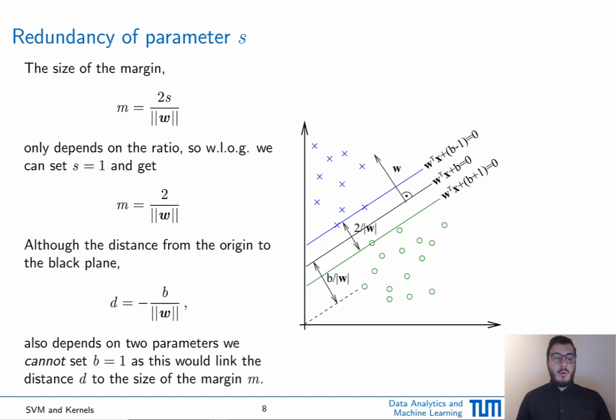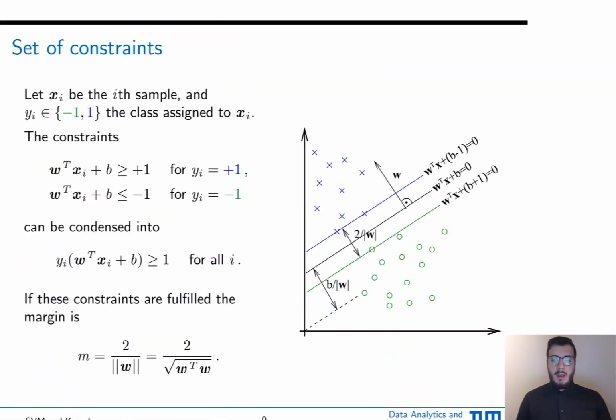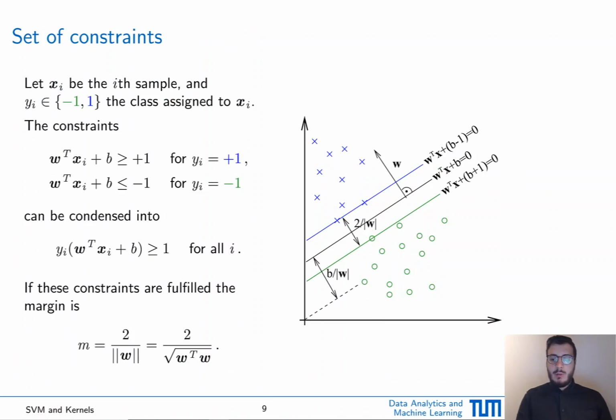Okay, so now we have the formula for our margin. And basically what we're trying to do is we're trying to find the vector w and the scalar b, such that the margin, which is 2 divided by norm of w, is maximized. But we cannot choose just any w and any b.